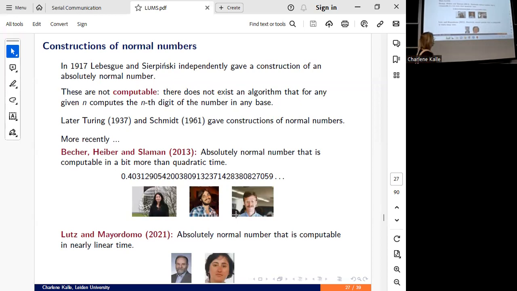As I told before, I was once approached by a researcher in Warwick in England who asked, what kind of research do you do? And I said, I do ergodic theory. And then he said, well, we don't even know whether pi is a normal number in any base. It's a disgrace. We should solve this, and you should do this, or people in ergodic theory.